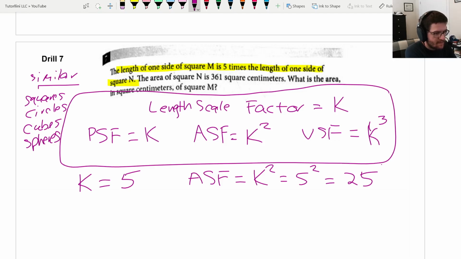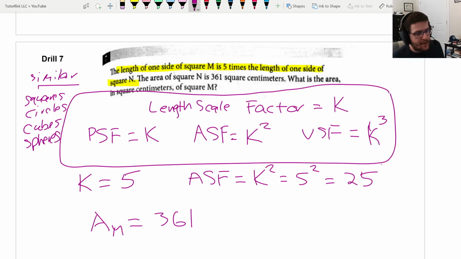So that's important. Now, to find the area of m, with the area 361, we're going to either multiply it by that area scale factor of 25, or divide it by 25. So you got to think. They said square m is 5 times as big.